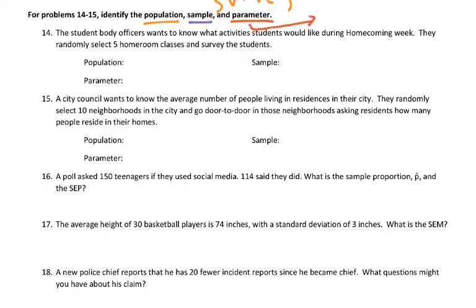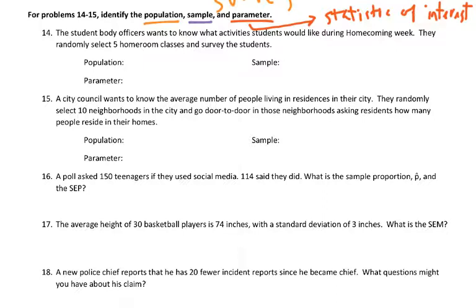Sometimes they'll call the parameter the statistic of interest, and it's called parameter when it's talking about the population, and it's called statistic of interest when you're talking about the sample group. Okay, that's kind of what you're looking at there.